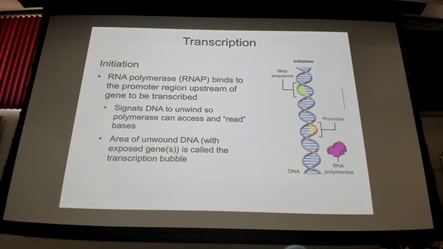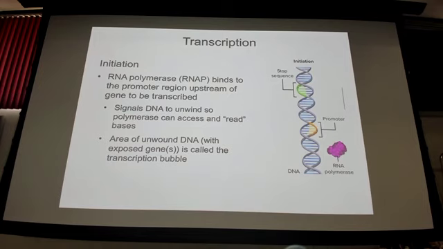Okay, so initially what happens is you have this RNA polymerase and it will need to bind somewhere upstream of that gene that is going to get transcribed. So there's a promoter region that it will bind to. The gene itself would probably be somewhere in between that promoter and the stop sequence that it will read. That's in green there.